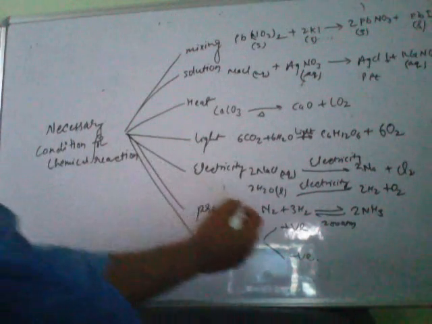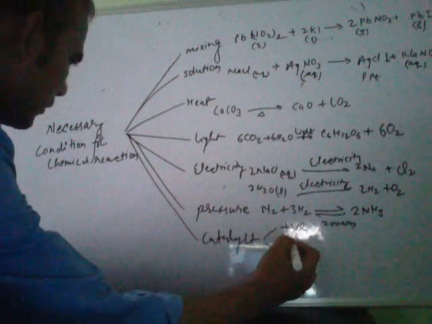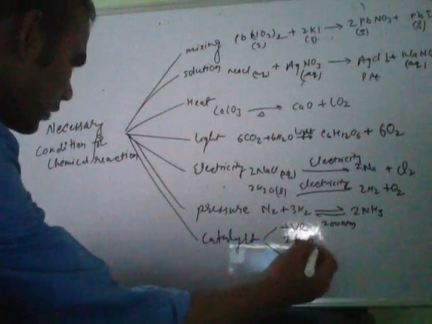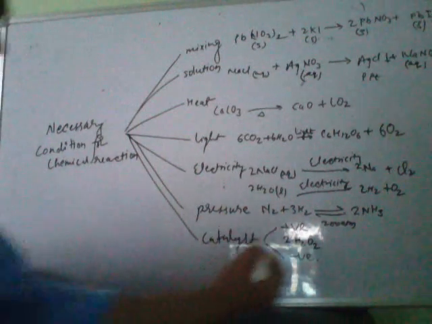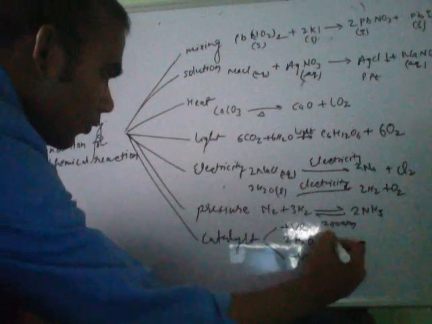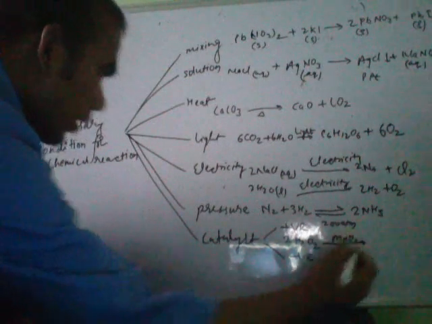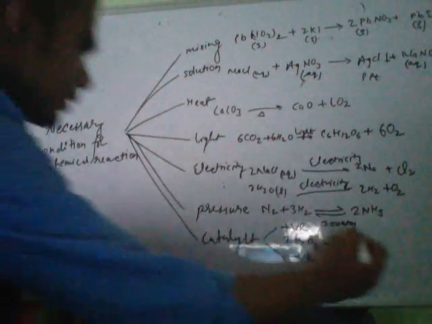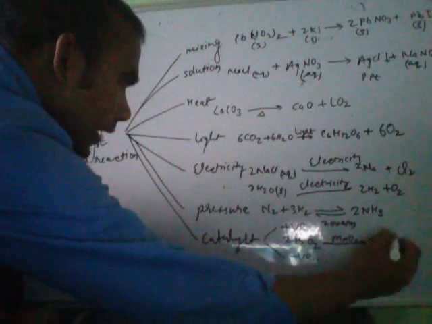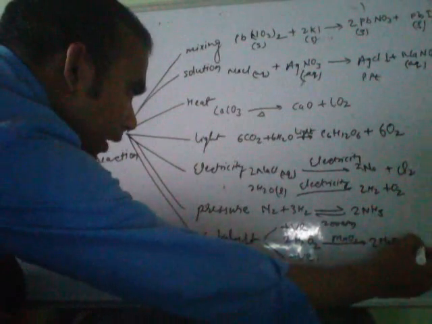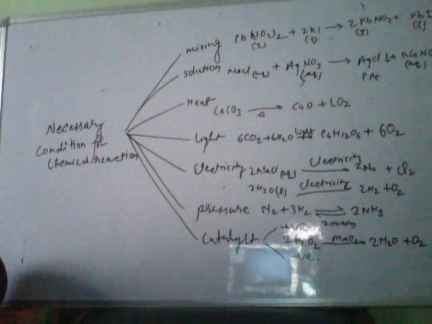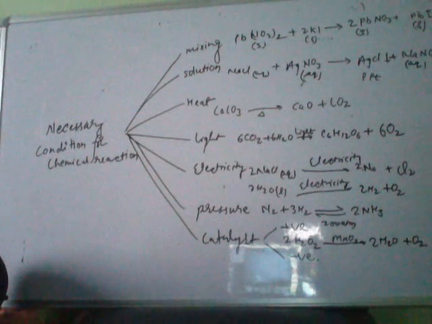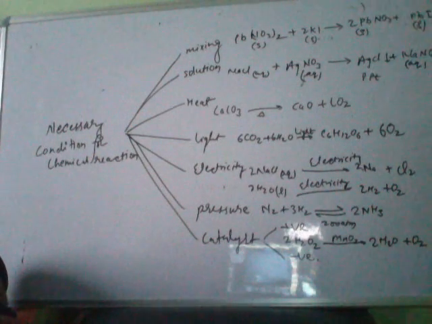Suppose you have the example of 2H2O2, hydrogen peroxide, and you are treating it with MnO2. You will get 2H2O plus O2. So this is known as a positive catalyst. It will increase the rate of reaction.